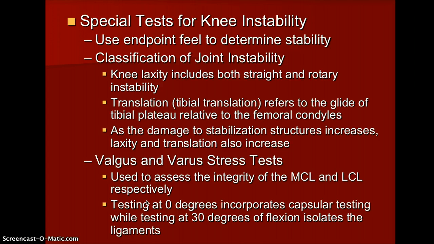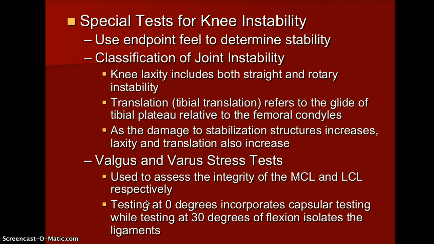So classification of joint instability, that means like the knee laxity, includes both straight and rotary instability. And translation will refer to the glide of the tibial plateau relative to the femur, and that's going to test the ACL and PCL. That relates more to those two ligaments.